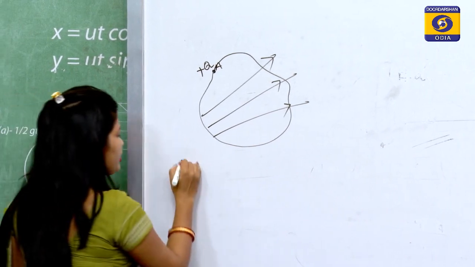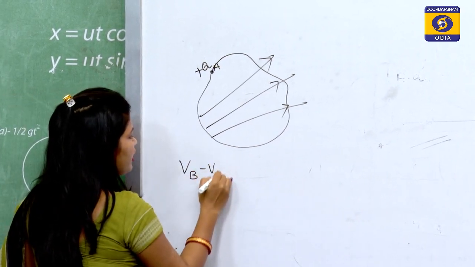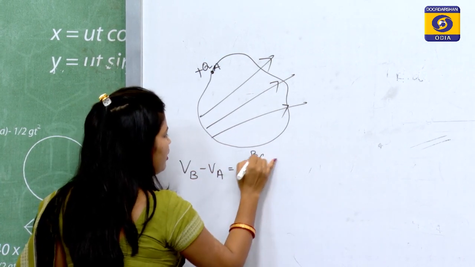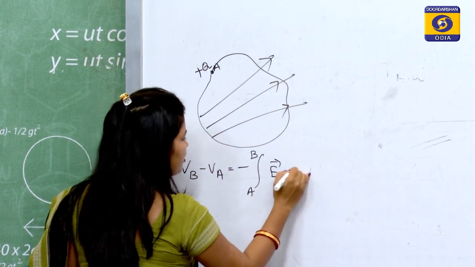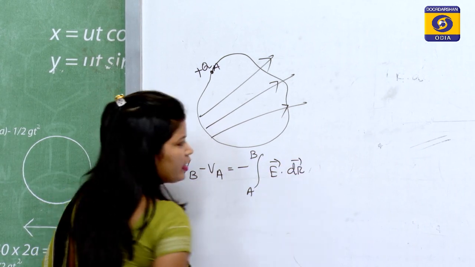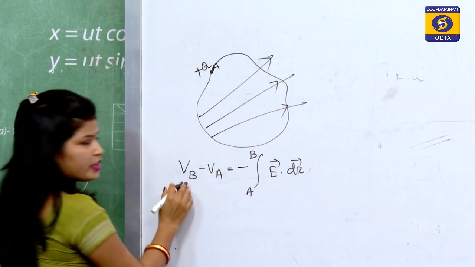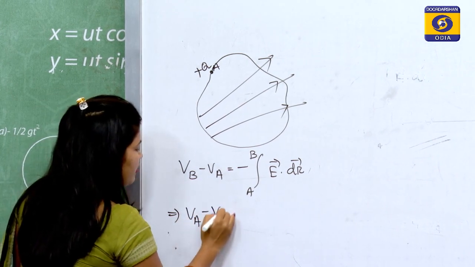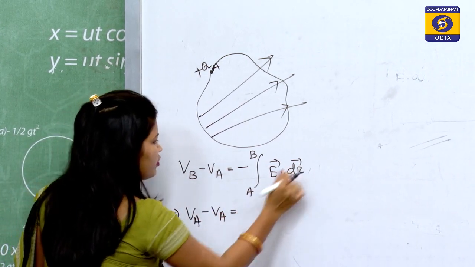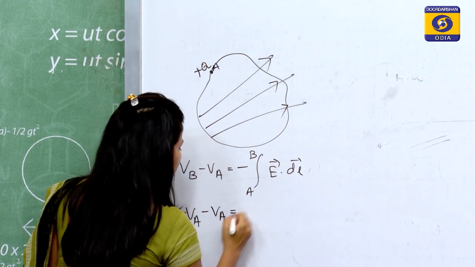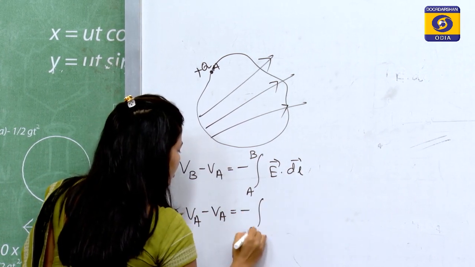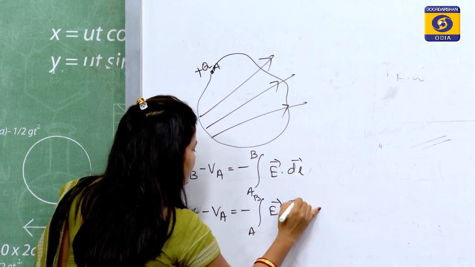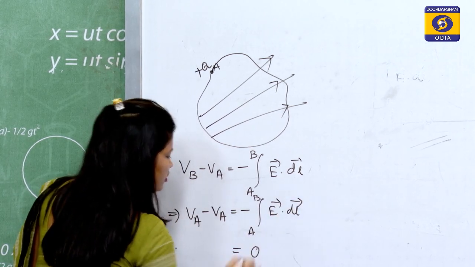Then from the relation VB minus VA is equal to minus integral from A to B of E dot dr, since it is the same point, VA minus VA is equal to minus integral of E dot dl, that is equal to 0.